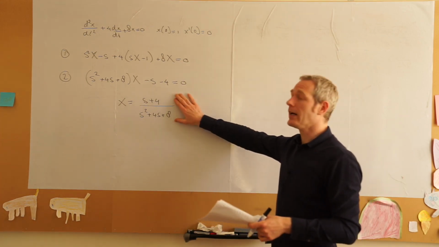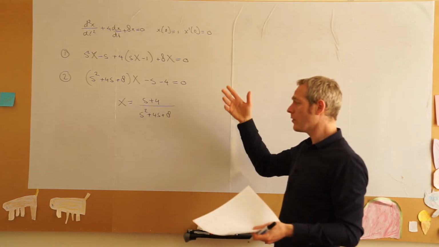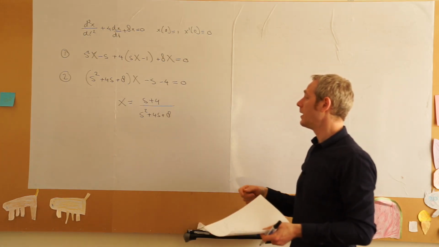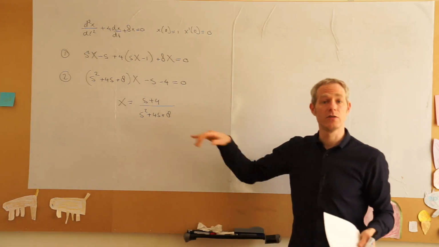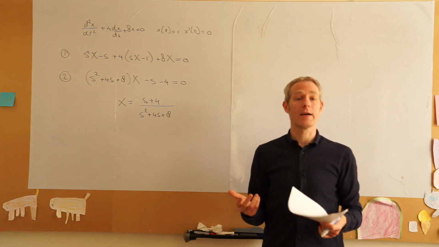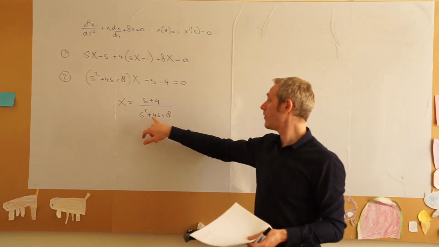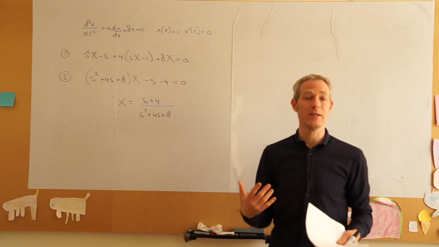Now we need to rewrite this in something we can use the Laplace table on, for using the inverse Laplace transform. But first we need to see, is this something we can factor into two linear factors, or will it have complex roots? Well, if we take 4 squared minus 4 times 1 times 8, it will yield a negative number.